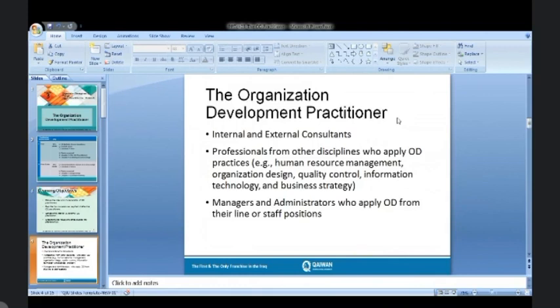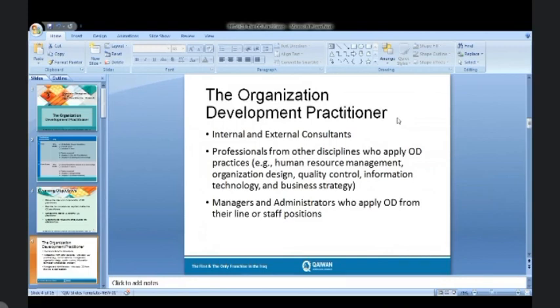One is the internal or external consultant, who is already specialized in the OD profession and working as an OD practitioner. Then the third are the managers and administrators who apply OD in their day-to-day working life.